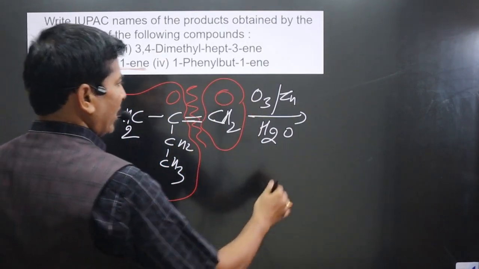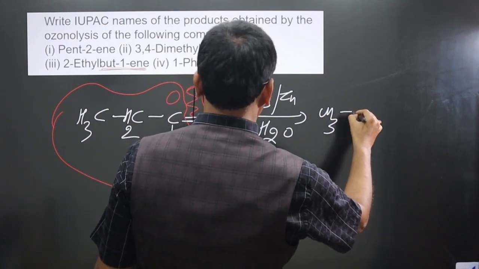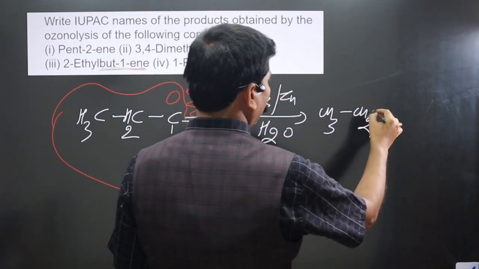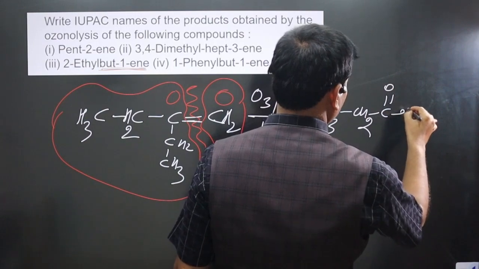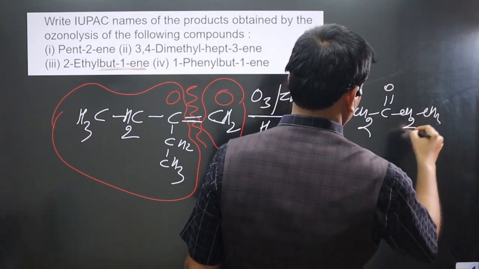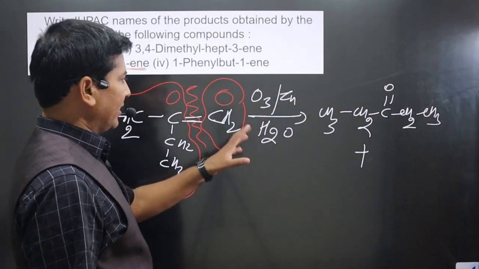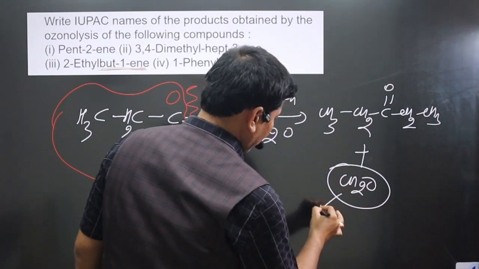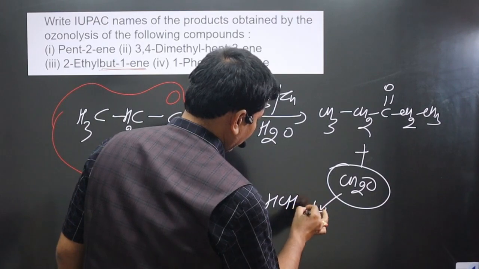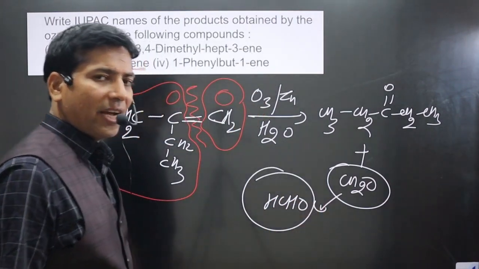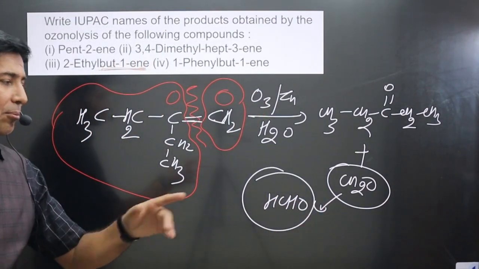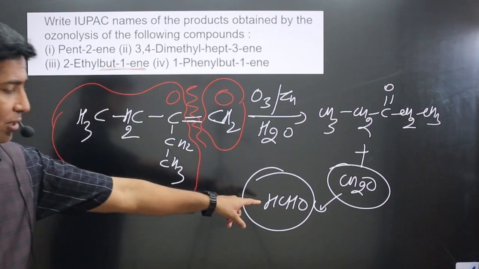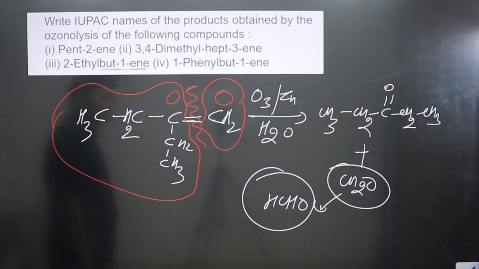So we got the product CH3, CH2 and C double bond, CH2, CH3, and at the bottom we are getting CH2O. This can also be written as HCHO, which we generally write as formaldehyde. We can name it by IUPAC name methanal because it has only one carbon, meth.